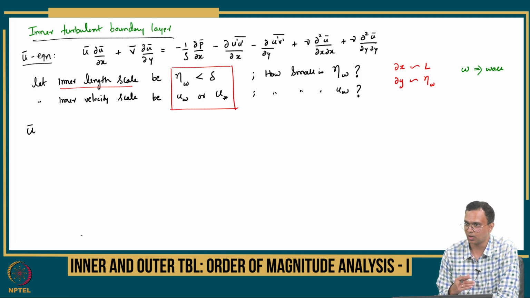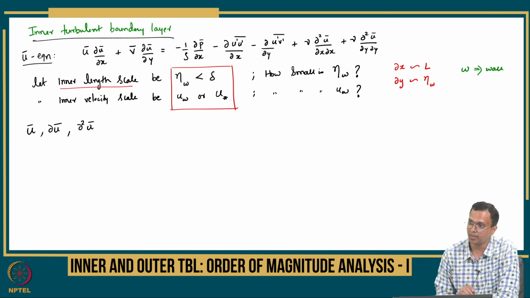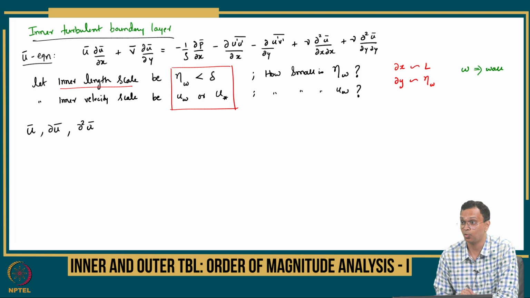So close to the wall, the changes in U bar are so large that they will have the same order of magnitude as U bar in the thin zone where eta W is dominant. So ∂U bar and ∂²U bar will all have the same order of magnitude close to the wall.